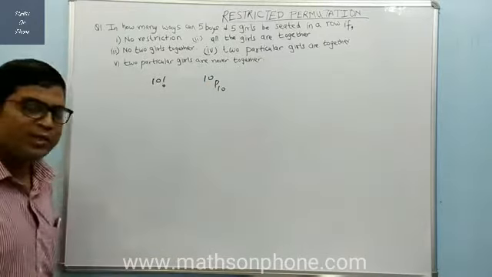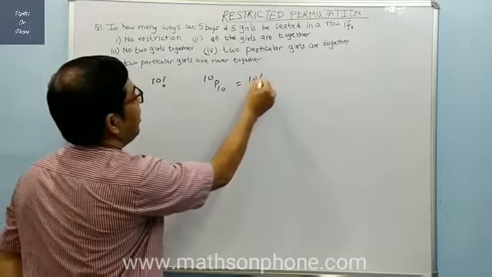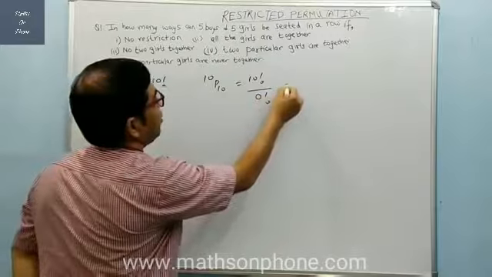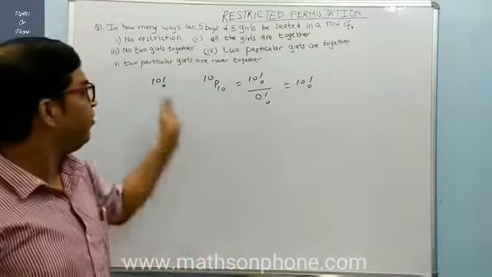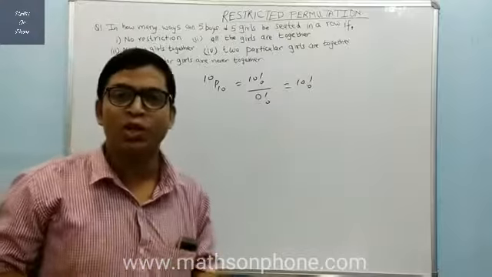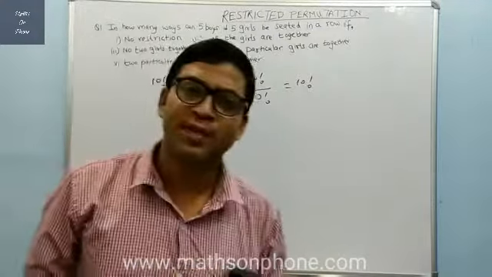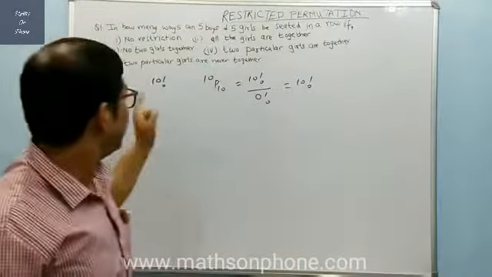If you calculate this, it comes out to be 10 factorial divided by (10 minus 10) factorial, that is 0 factorial. So actually it is 10 factorial. No restriction is there. We have to just arrange the total number of things in the total number of places available. 10 seats are there where 10 students are to be seated, that is 10 factorial.